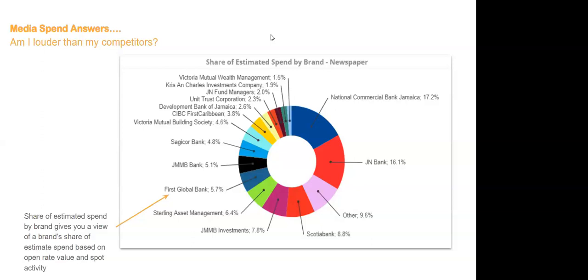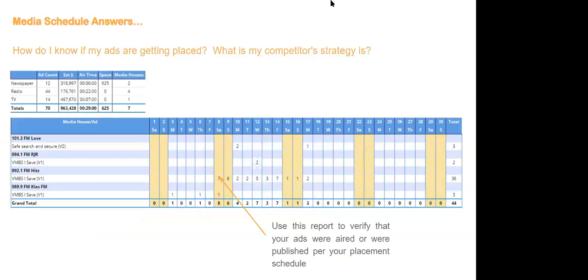Also important in terms of advertising monitoring, apart from the competitive landscape, is to ensure that you're getting exactly what you're paying for, right? So how can you ensure that media houses are complying with your placement strategy?